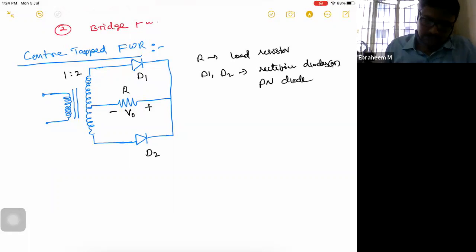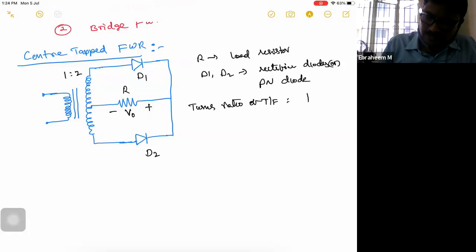Now here the turns ratio of the transformer is 1:2.